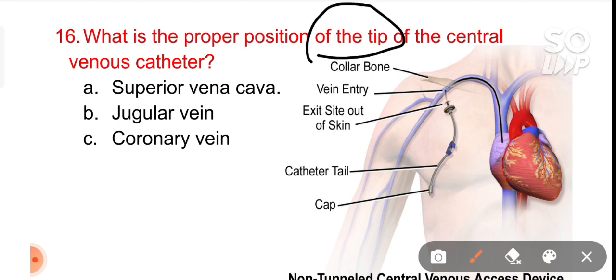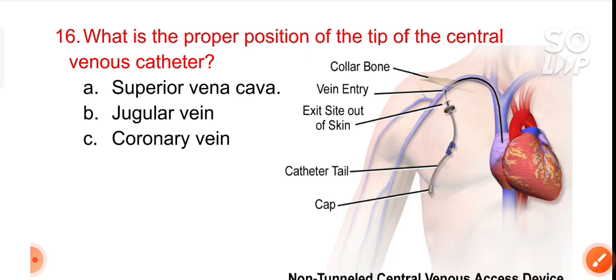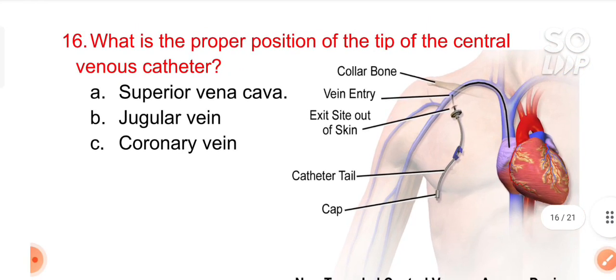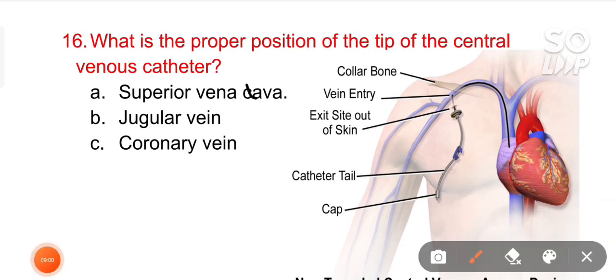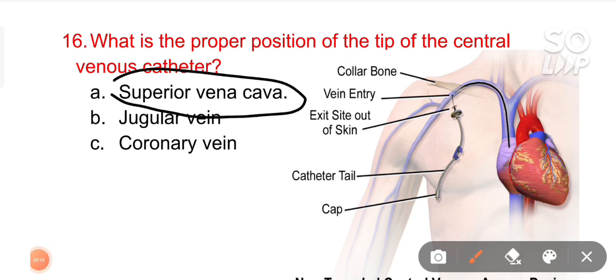So central line here we have. So where is the tip of the central venous line? The options are superior vena cava, jugular vein, option C, coronary vein. The right answer is superior vena cava.